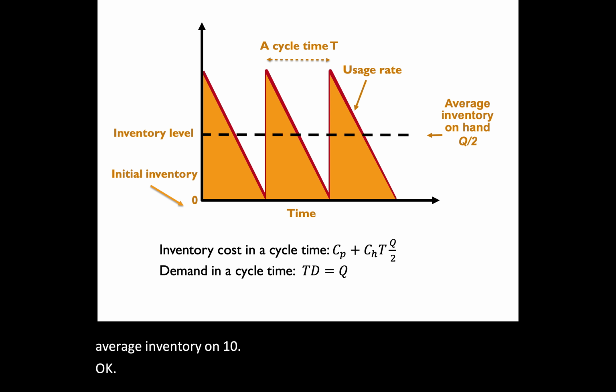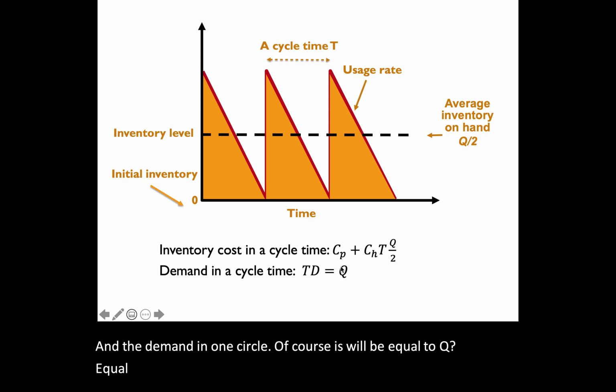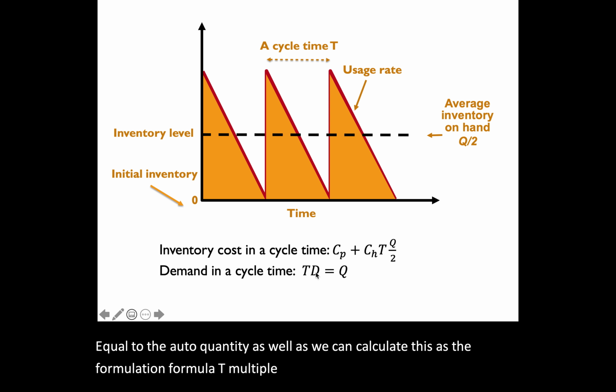And the demand in one cycle, of course, will be equal to Q, equal to your order quantity, as well as we can calculate this with the formula T multiplied by D, time multiplied by unit demand.